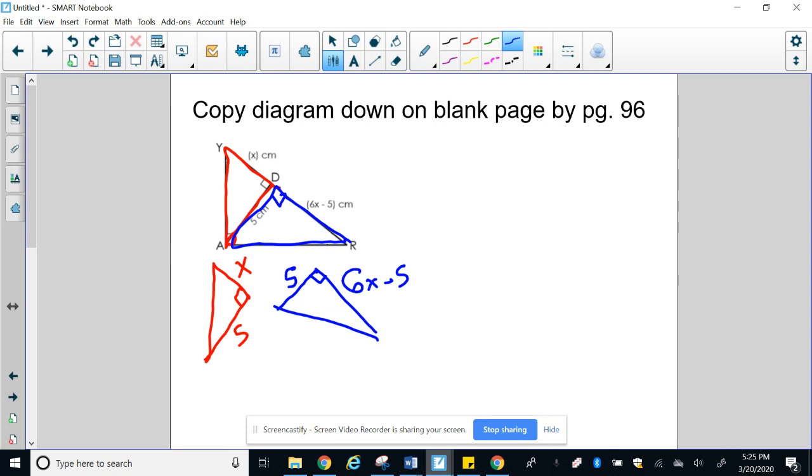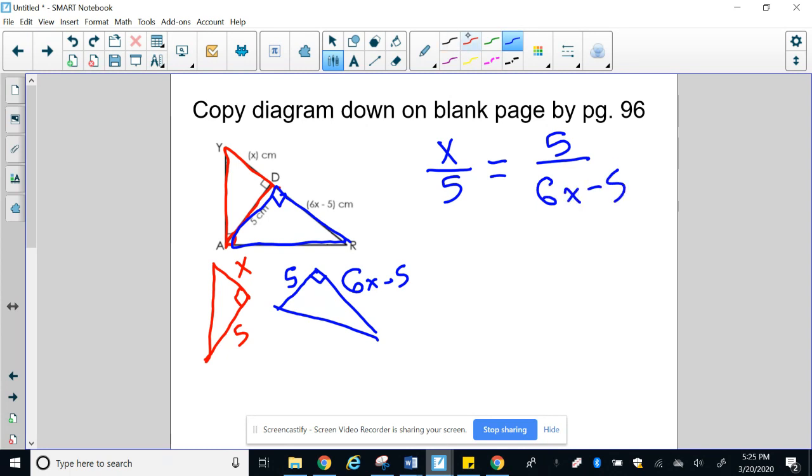Okay, now we write out our ratio. So our shortest sides from each we have x and 5. So I can write that as x over 5 equals, then our longer sides, well, that would be the 5 from this triangle and the 6x minus 5 from this one. So 5 over 6x minus 5.